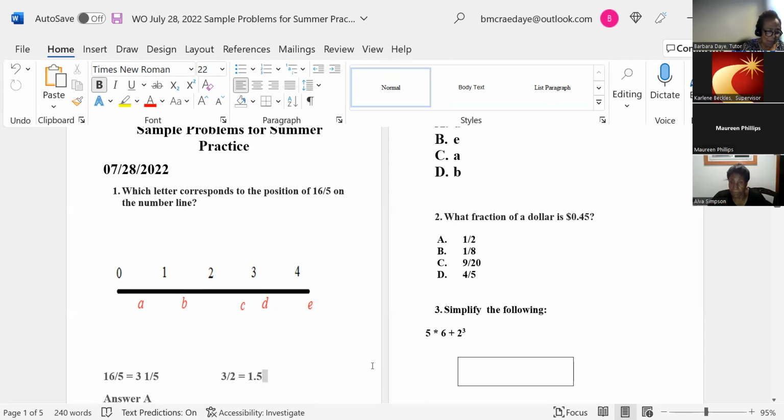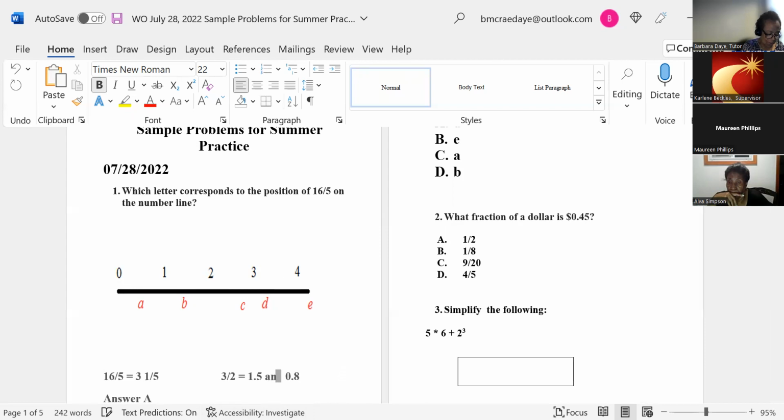Okay. Now, let me ask you this, Alva. What letter corresponds to 0.8? What letter on this portion of the number line corresponds to 0.8?